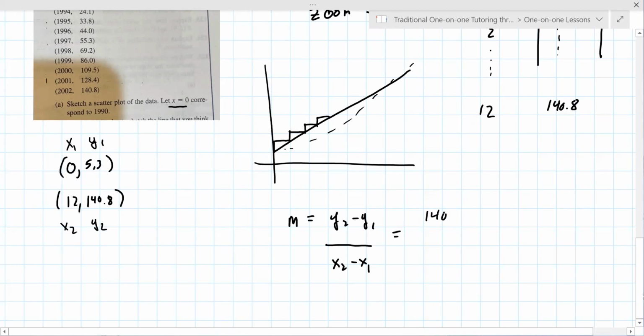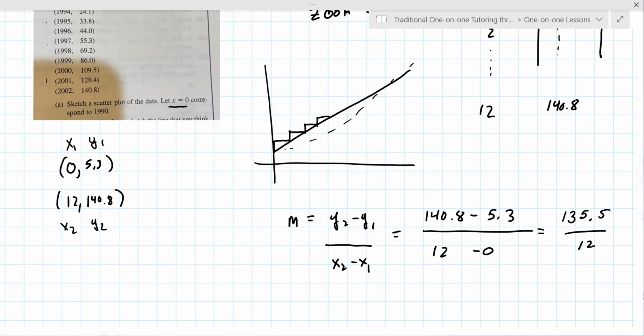So 140.8 minus 5.3 over 12 minus 0. And you end up getting here 135.5 over 12. And you can grab a calculator to get that value. 11.29. Okay, so let's just say 11.3.